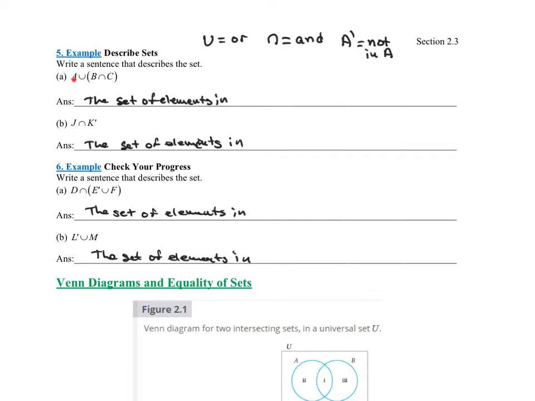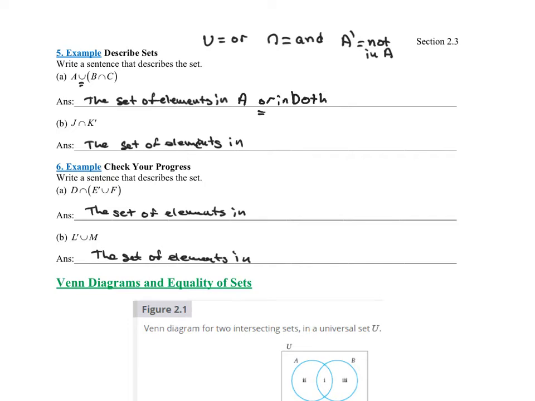So let's look at this first one in set A. It says A union B intersection C. Now that's in parentheses, so we have to emphasize that, which is hard to do in the English language. So it's the set of elements in the set A, and then that's a union, so that's the word or. And then when we have the parentheses around B intersect C, we have to say both.